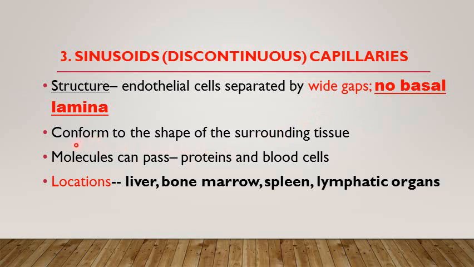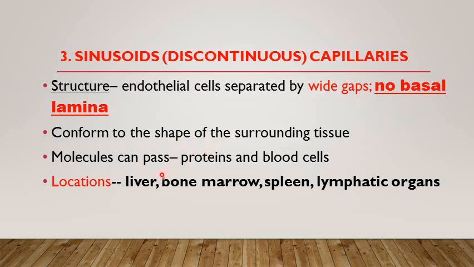As there is no basement membrane, the endothelial cell attains the shape of the surrounding tissue where it is present, and it adjusts itself in those areas. So it has a very irregular shape which is adjustable to the structure where it is present.